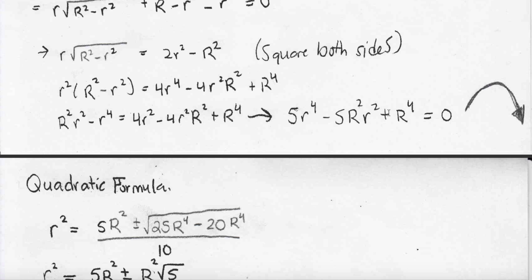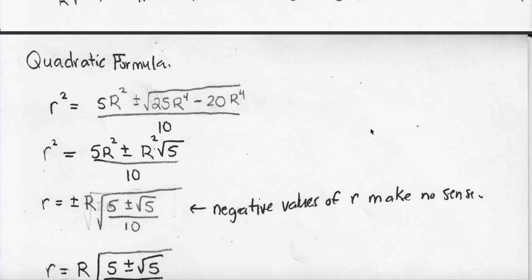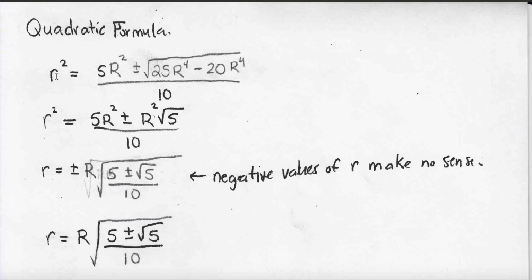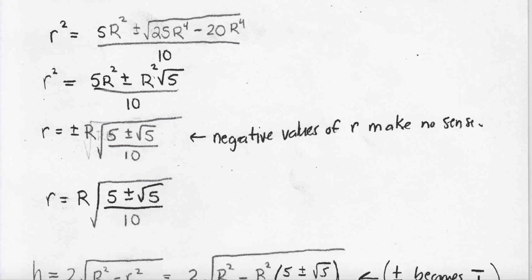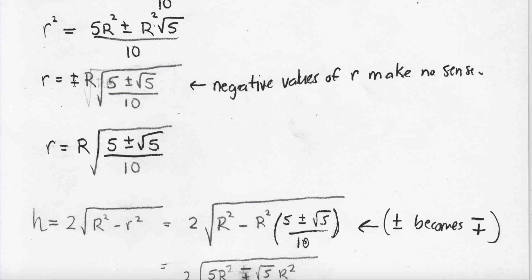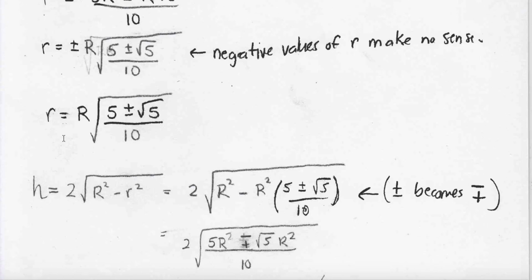So because it's quadratic in form, I can use the quadratic formula and set little r squared equal to 5 cap R squared plus or minus the square root of 25 cap R to the 4th minus 20 cap R to the 4th all over 10. And then I simplify and reduce, take the square root of both sides. The negative solution doesn't work, so I'm ending up with little r is equal to capital R times the square root of 5 plus or minus the square root of 5 over 10.